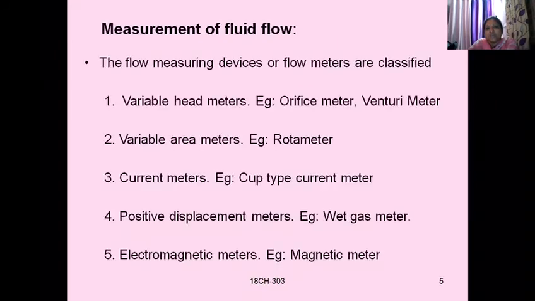First we are going to discuss variable head meters. In variable head meters, the head of the fluid varies when the flow rate of the fluid varies. Examples are the orifice meter and Venturi meter. First we are going to discuss the Venturi meter.